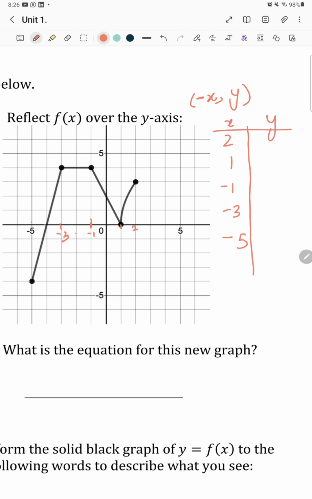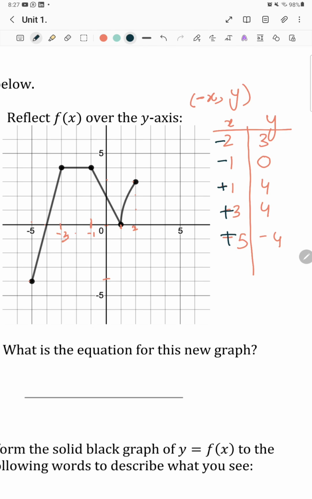For x is 2, y is 3. For x is 1, y is 0. For -1 it's 4, for -3 it's 4, for -5 it's -4. Now we need to change the signs of x.